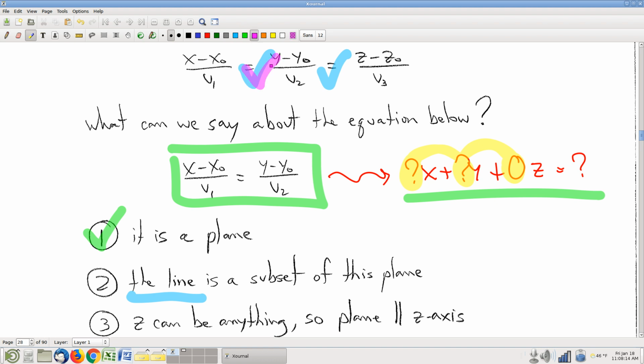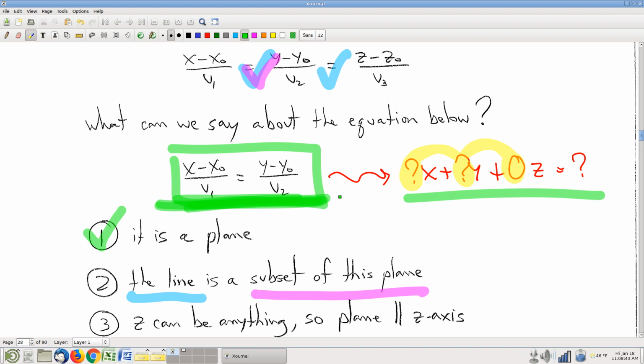That was a silly thing to say, but anything that satisfies the two equations also satisfies one of them, and so, therefore, is on the plane. Any point that's on the line is also on the plane. Another way to say that is that the line is inside of the plane, or the plane contains the line. So this thing that we're trying to understand is a plane that contains the given line.